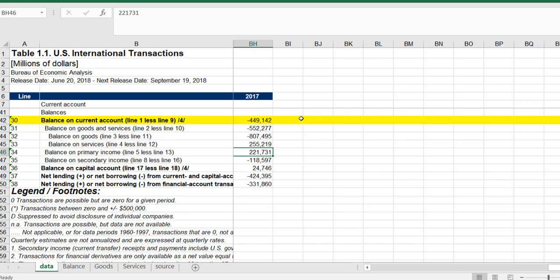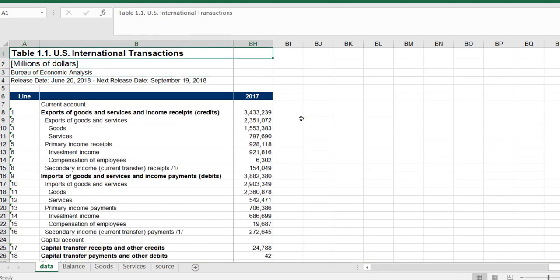The balance on primary income is positive, so we have about 221 billion surplus. However, in secondary income, it is a deficit of $118 billion. That secondary income corresponds to those unilateral transfers we were talking about earlier.